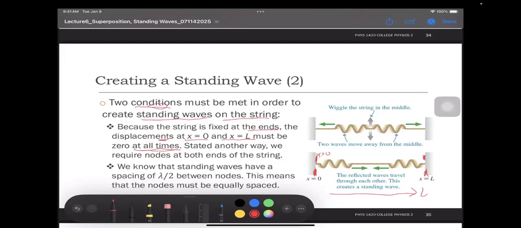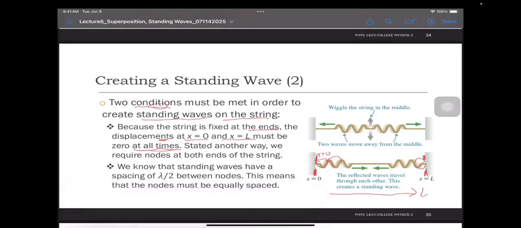Stated another way, we require nodes at both ends of the string, which means the ends are always nodes. Does it make sense to you? We know that standing waves have a spacing of lambda divided by 2 between nodes. This means that the nodes must be equally spaced. Does it make sense to you?